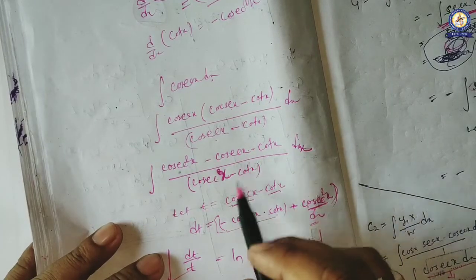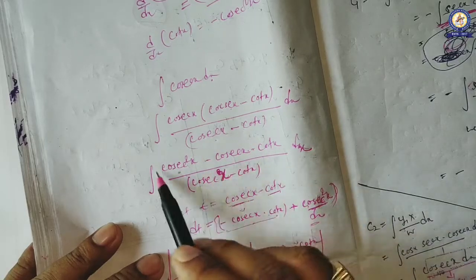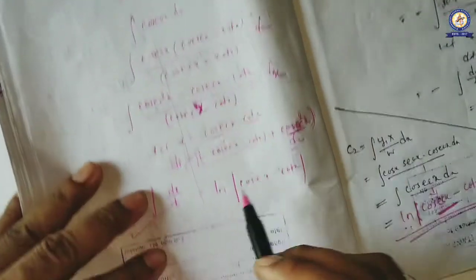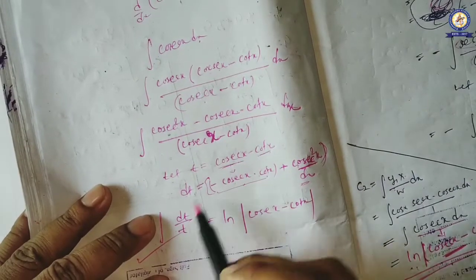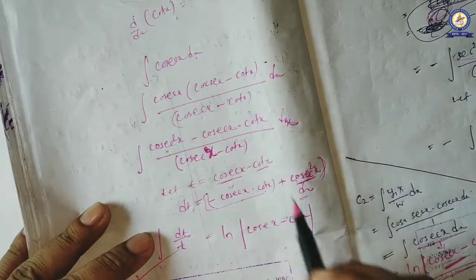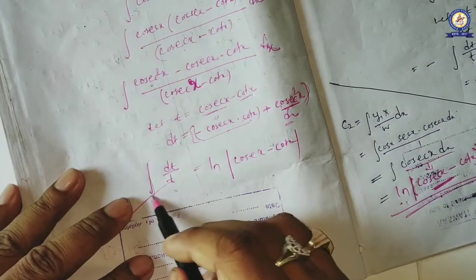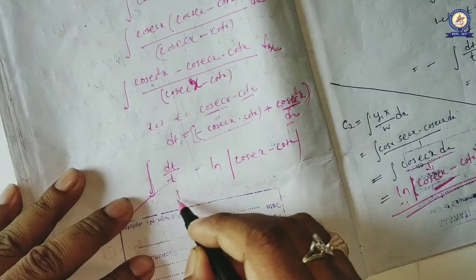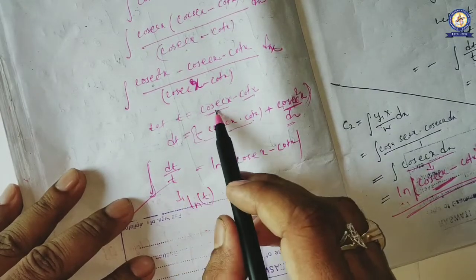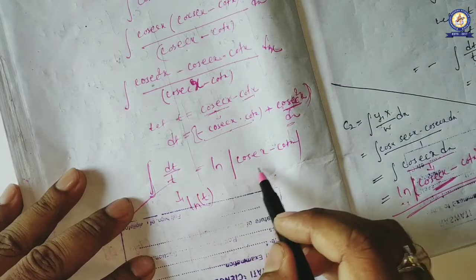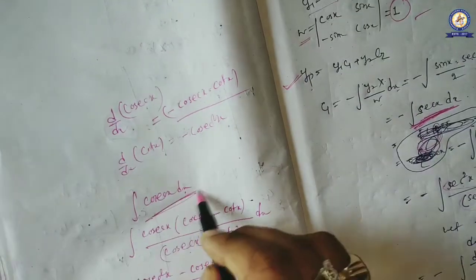That means the derivative of this one is in the numerator. If I take this as t, then this is nothing but dt. So dt by t integration is nothing but ln t. I considered t as cosec x minus cot x, so ln of cosec x minus cot x. This is the answer of cosec x integration.